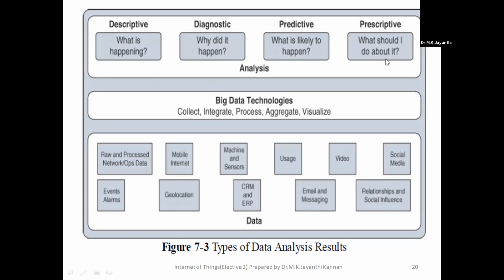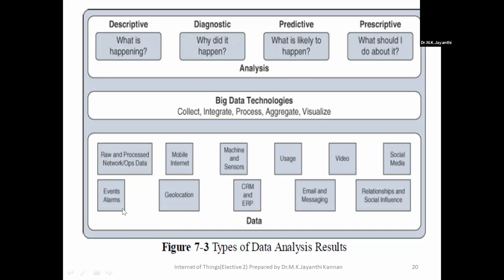So we take the data technologies like collect, integrate, process, aggregate and visualize the data. This diagram has 3 layers: the data layer, big data technologies, and the analysis tools we can apply on the data to come out with the solution. In the data layer, we have raw and processed network data.